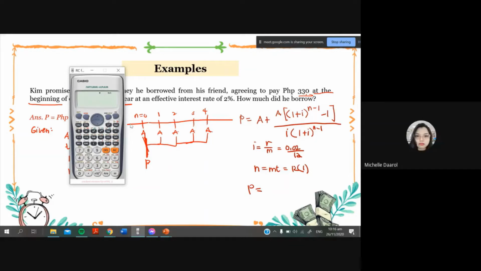So dapat i-calculate. 3,923.96, ma'am. Okay, paano-paano na lang ang calculator para sa pag-compute.